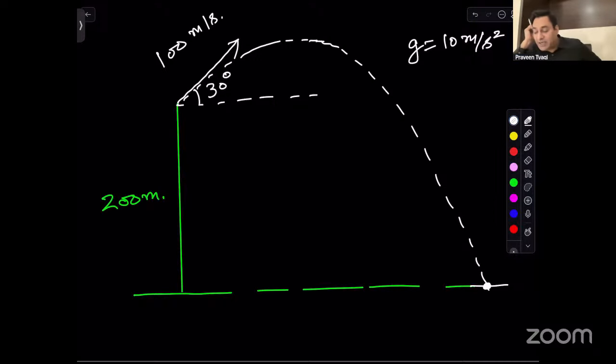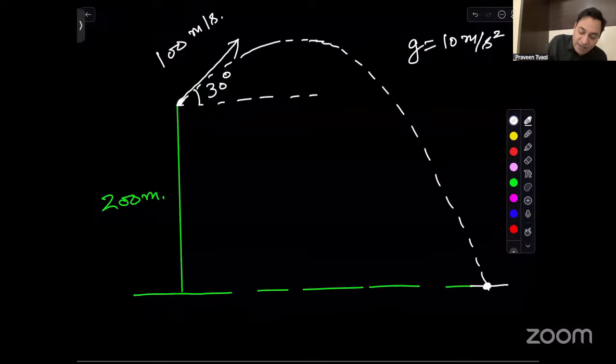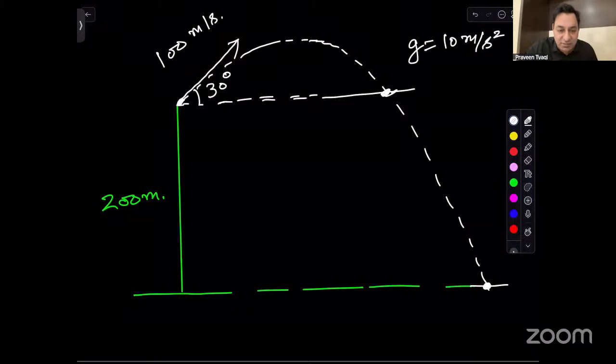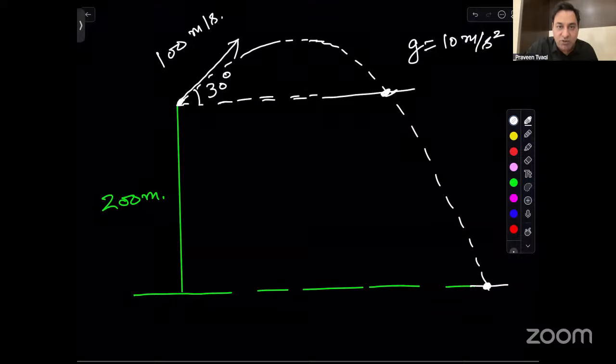You cannot use any direct formula here, because the direct formulae for projectile motion that you have crammed are based on the assumption that the projectile started from the ground and fell on the ground at the same level. You derived all your formulae based on that. Here, you will not use that. So let's see how many of you can answer it.